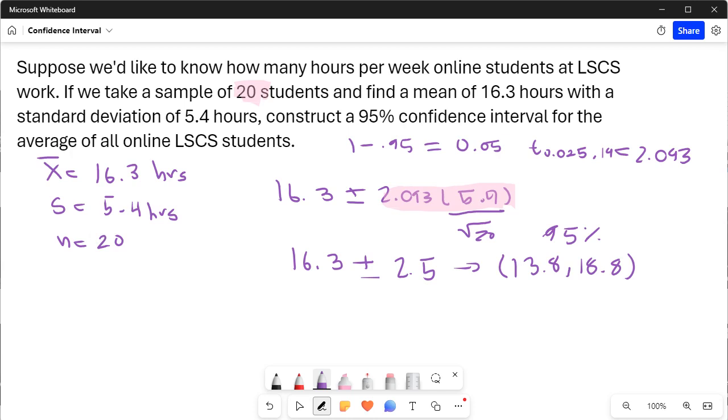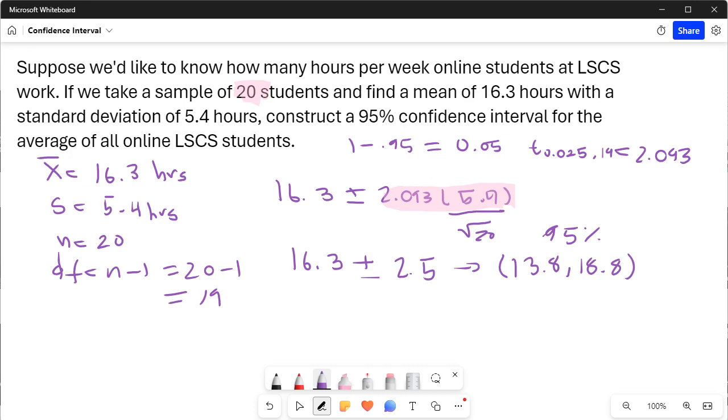And if we already had these statistics, like the sample mean, the standard deviation, and the sample size, or the degrees of freedom, because remember that degrees of freedom is given by n minus 1, which in this case was 20 minus 1, which is 19.